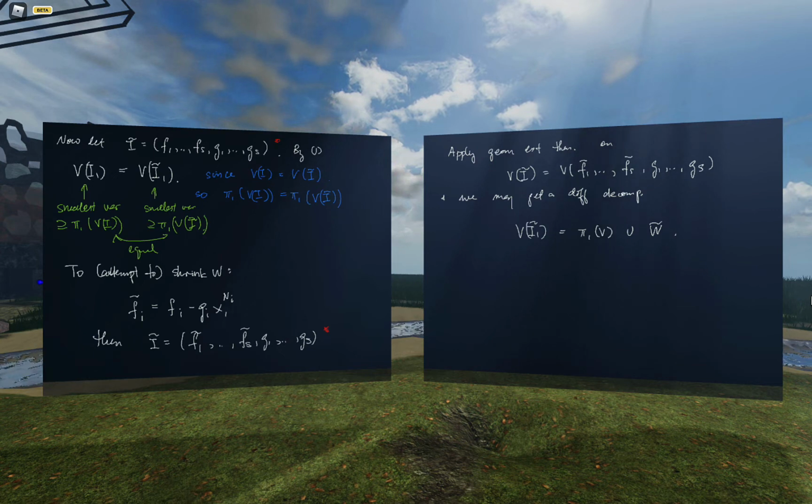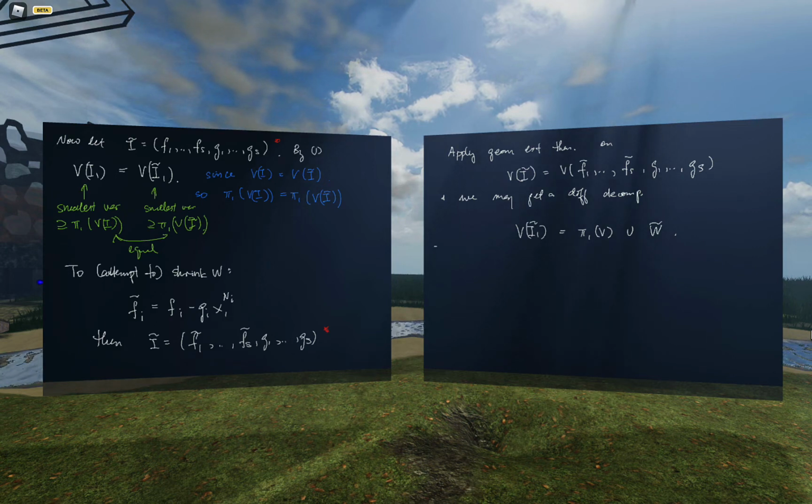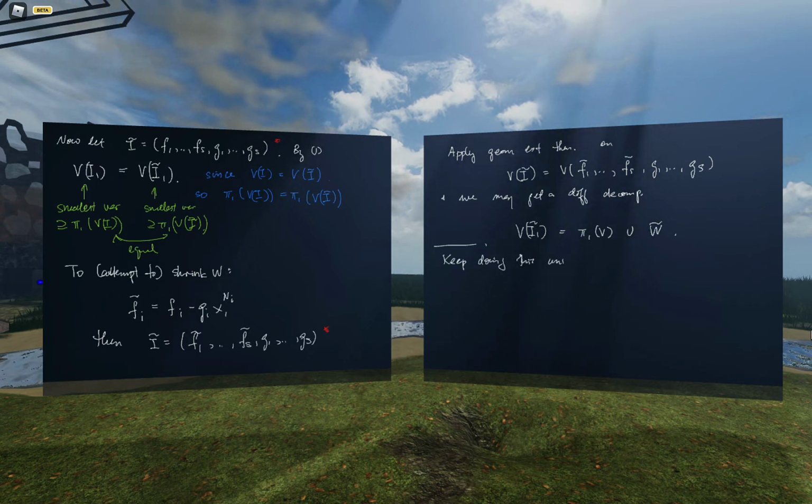And we're going to keep doing this, repeating the procedure each time, until W tilde shrinks, until it's not all of V_I1.